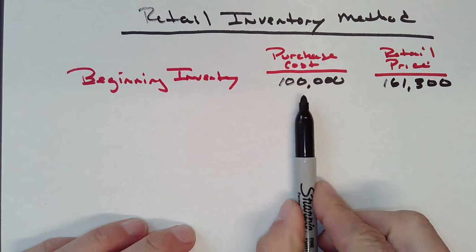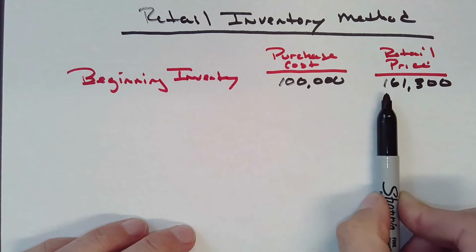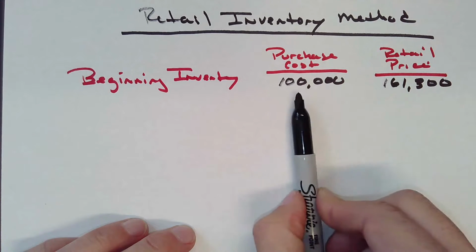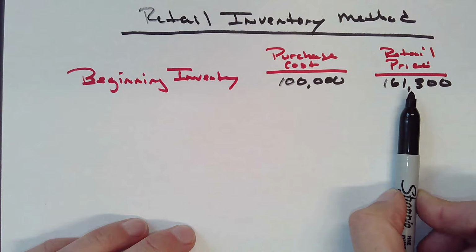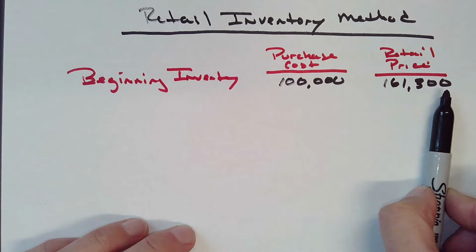So what I make if I sold all of this inventory that I purchased here at retail, I would make $61,300. So that's the markup. That's my markup there, right? It is $61,300 my markup.